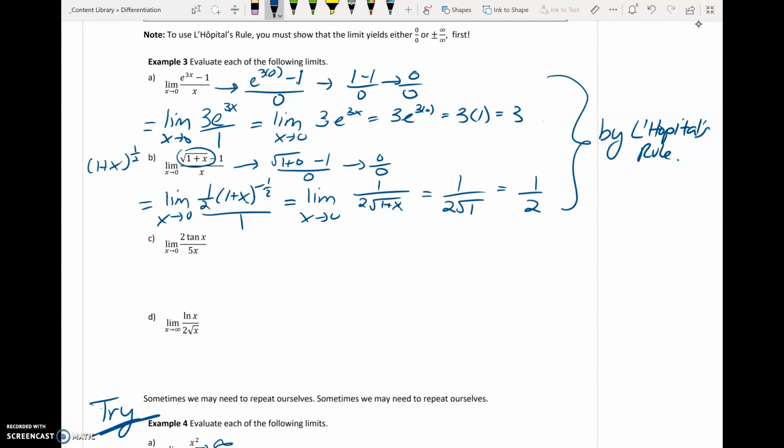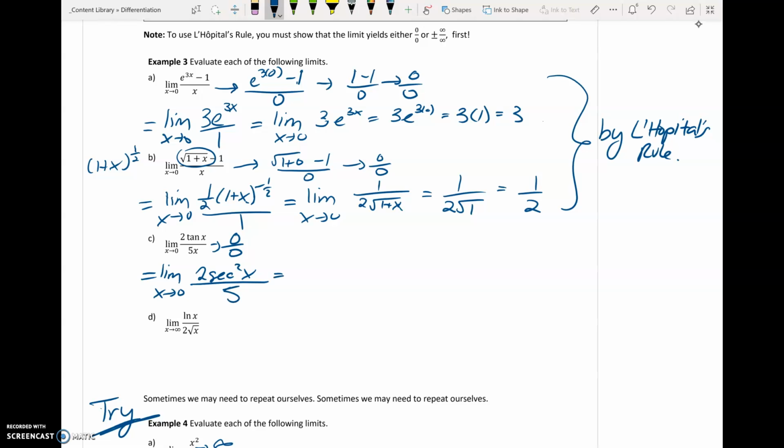For C, again, we want to show it's an indeterminate form. So tan of 0 is 0, and then 5 times 0 is 0, so we still get 0 over 0. We'll take the derivative of the numerator, which is 2 secant squared x. Then we'll take the derivative of the denominator, which is 5.